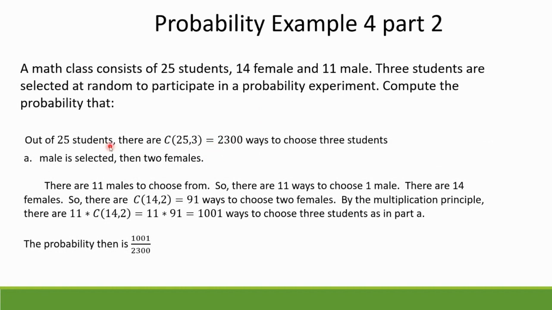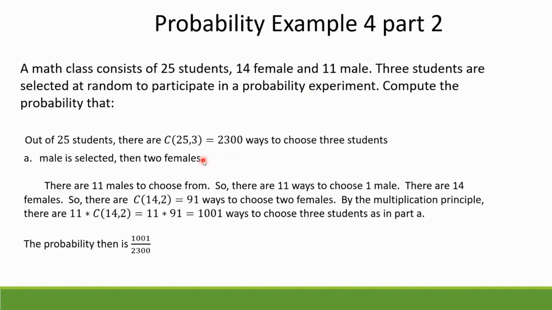What about choosing a male, then 2 females? There are 11 males, so there are 11 ways we can choose just 1 male. Now there are 14 females. How many ways can we choose 2 females?